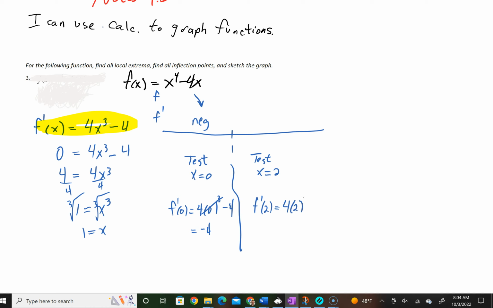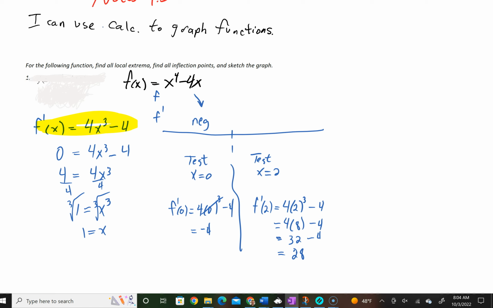and honestly, here's the great news. You don't even really have to work out exactly what this derivative is. You're honestly just concerned with whether the derivative is positive or negative. So you could, at this point, have just seen, hey, 2 to the third is 8. 8 times 4 is something larger than that minus 4.